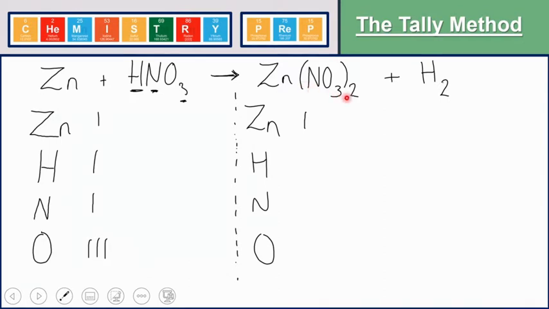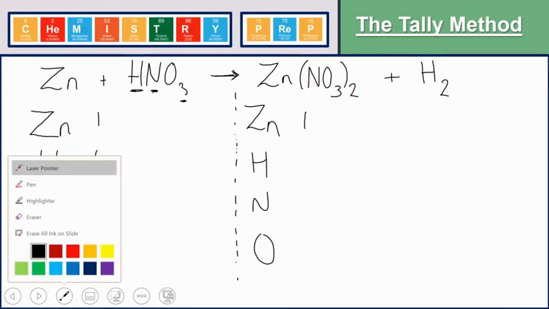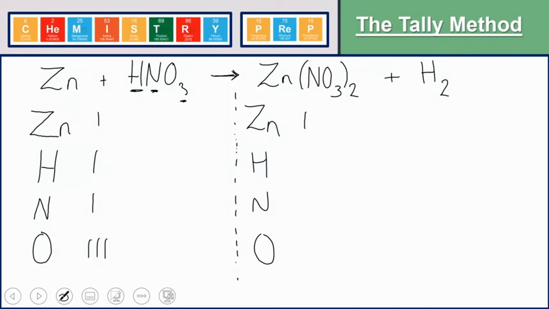This next bit here is in brackets. That means that there's 2 lots of this entire bracket. So that means this has got 3 oxygens because there's 2 lots of 3. There's going to be 6 oxygens overall. There's 2 lots of 1 for the nitrogen, so there's 2 lots of nitrogen overall.